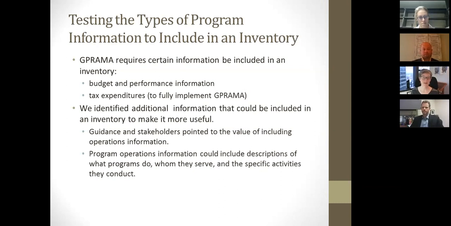And one thing that was very, very strong was that they want to know what programs actually do and whom they serve and what the main services or activities are that they're engaged in. And that certainly matches our experience from the work that we do.